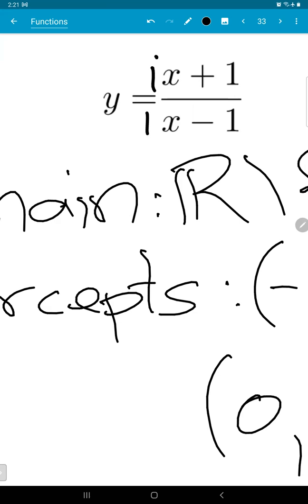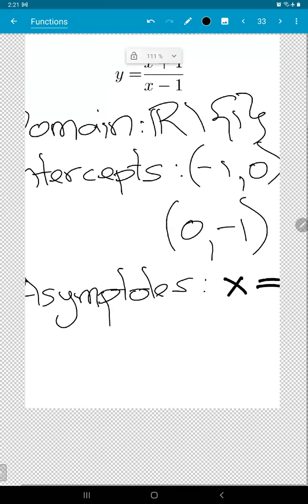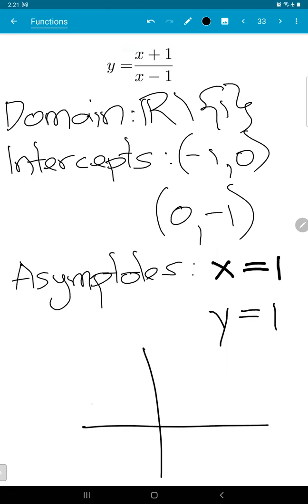And what you do is divide those two. 1 divided by 1 is 1. So that's the equation, but you have to put in the y. So this will be a horizontal line that intersects the y-axis at 1. Okay, and also the vertical asymptote at 1.